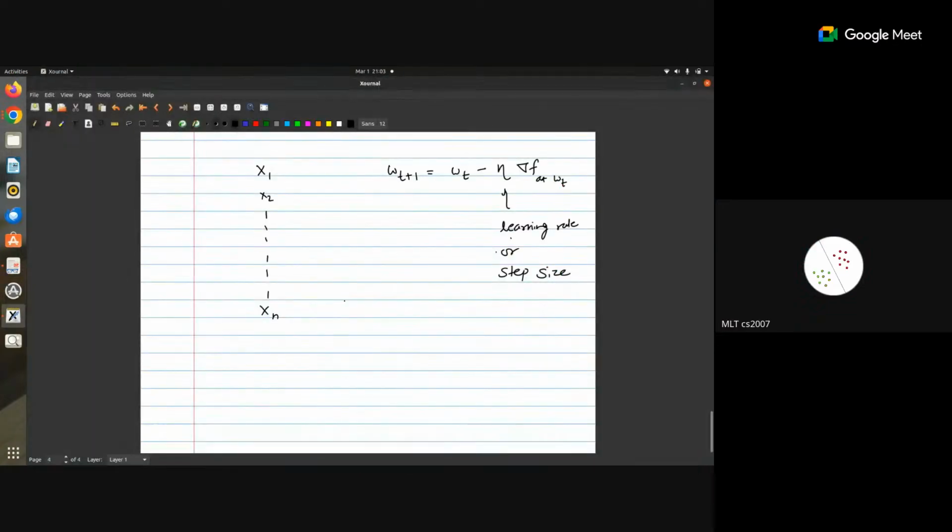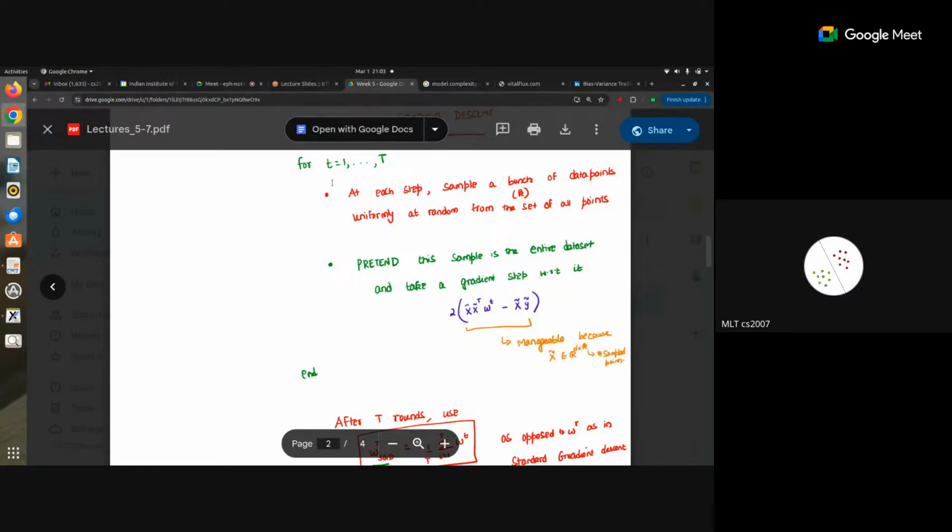Stochastic one is basically that at one time you randomly choose some data point. Let's say you do some batches and perform this gradient descent for t from 1 to T, where T are the time steps, or iterations.